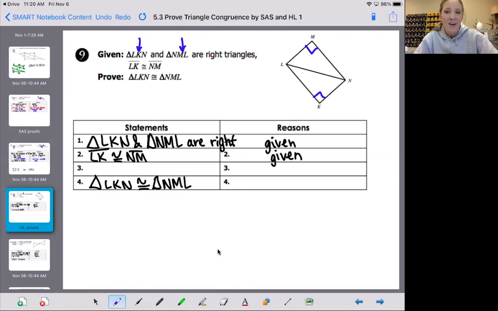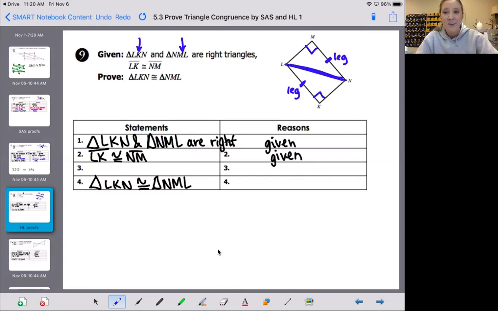Okay. All right. So we have a right triangle. The next thing they said was that LK is congruent to NM. So I'm going to mark that. Here's LK and NM. And so since I have a right triangle, my mind automatically goes to hypotenuse leg. So is there a way for me to use hypotenuse leg here? Well, the 2 sides that we marked here, those are both legs. And the hypotenuse would have to be right here.